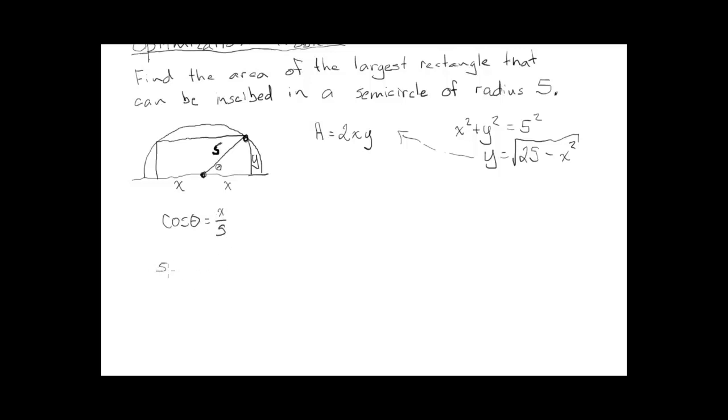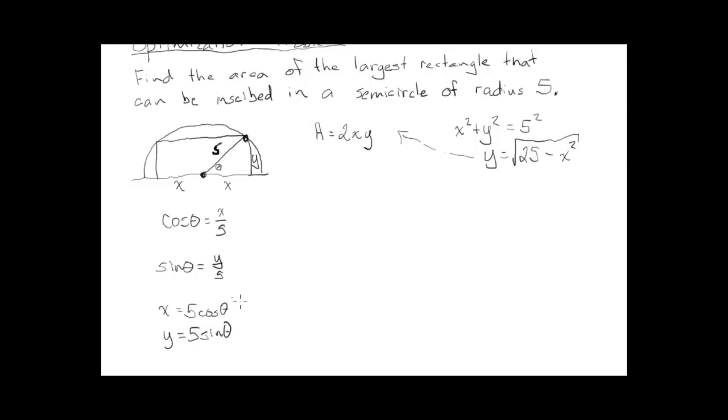The sine of theta would be equal to the opposite side, which is y over 5. So x is equal to 5 cos theta, and y is equal to 5 sine theta.